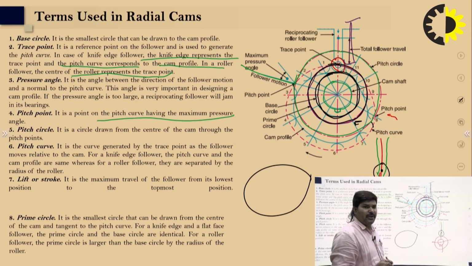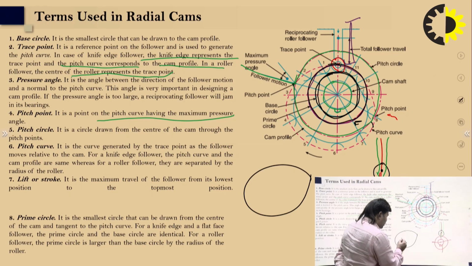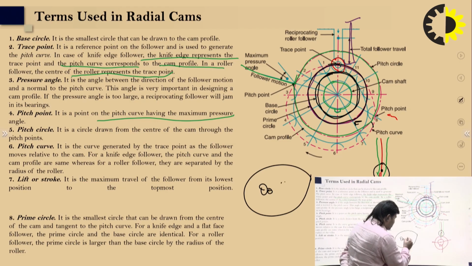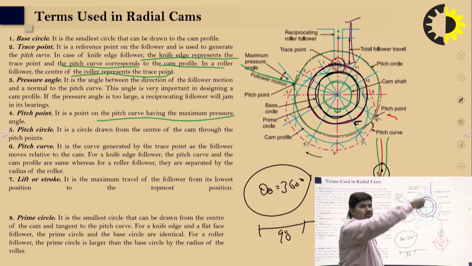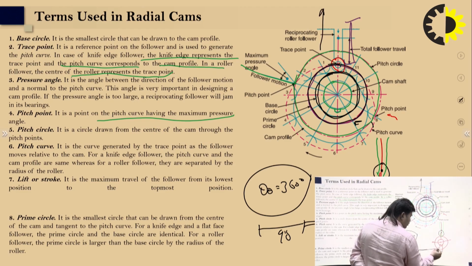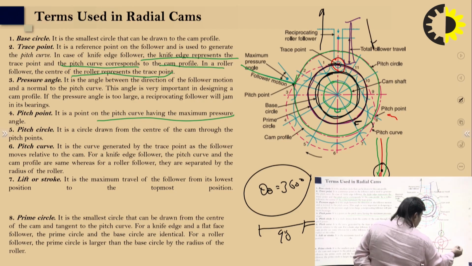So what will happen? There is some theta, that is outer stroke, return stroke, dwell period. So the cam will rotate through theta equal to 360 degrees. So what will happen? From 0 to some distance, say 90 degrees, for example, the follower will rise, and after a certain time it will be at the rest position, then the follower returns, and then comes to the rest position again.